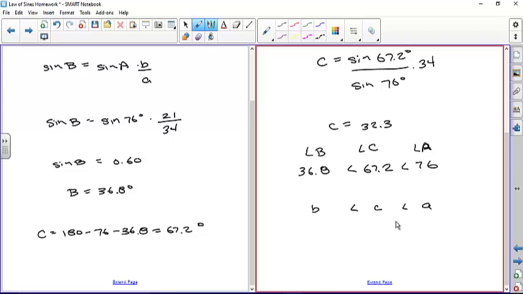So let's see what we got here. So A is 34, B is 21, and C is 32.3. And you see that they match up pretty close. And you can see that 67 is closer to 76 than 37, so you'd expect these two to be closer to each other and these to be more distant.